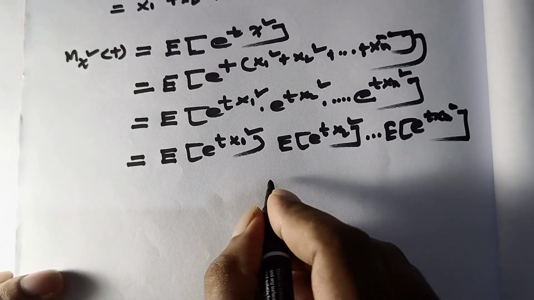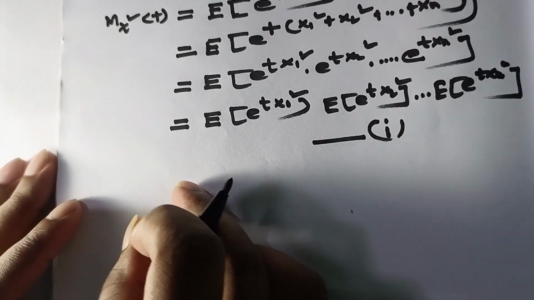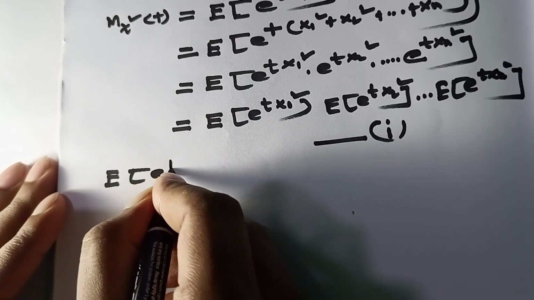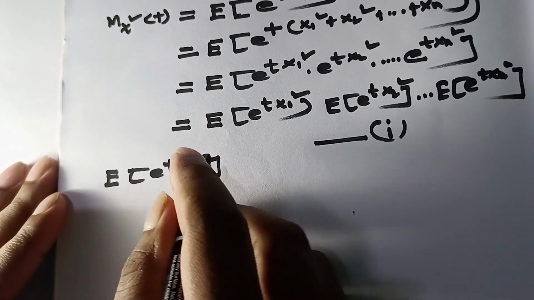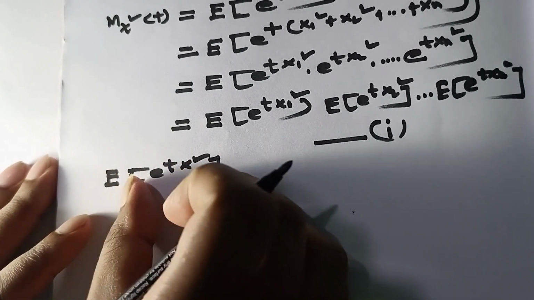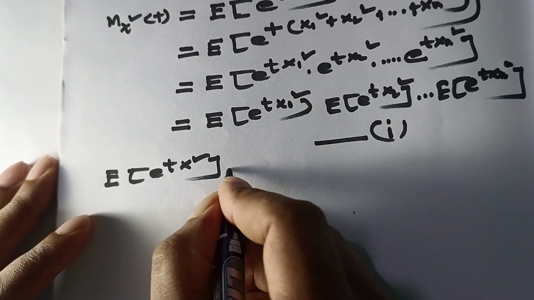I can call that equation 1, and I will go for a general term: expected value of e to the power t x squared. I don't take x1 or x2, I go for the general term because that is how you will find all the values. Let's see how.